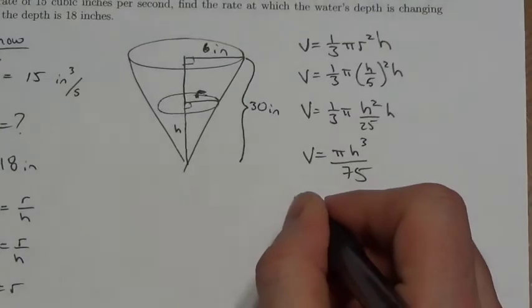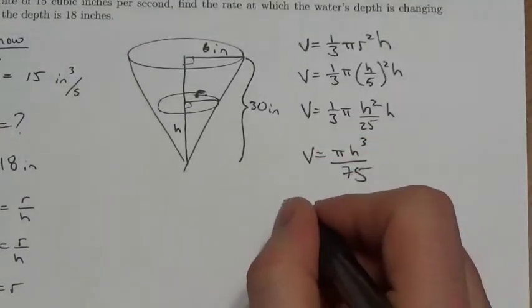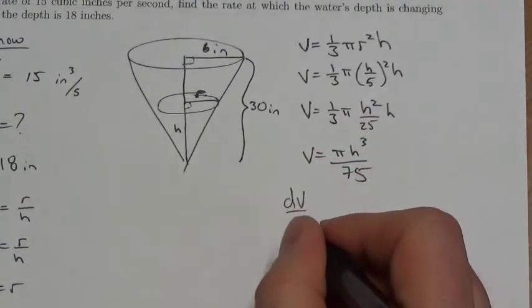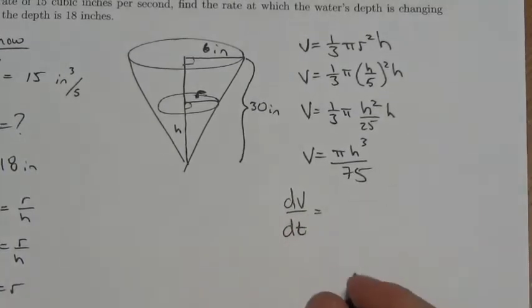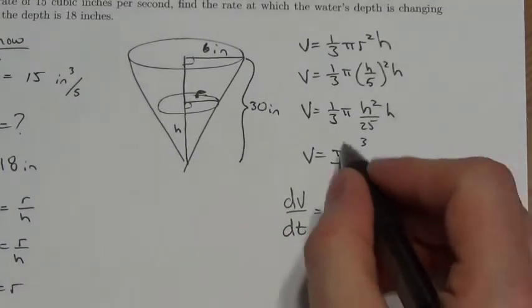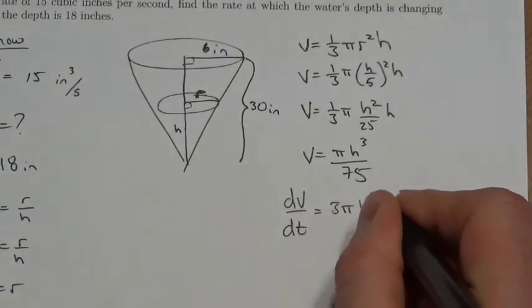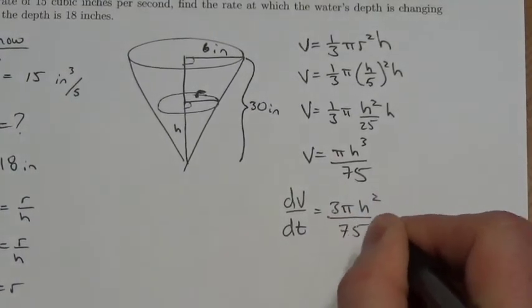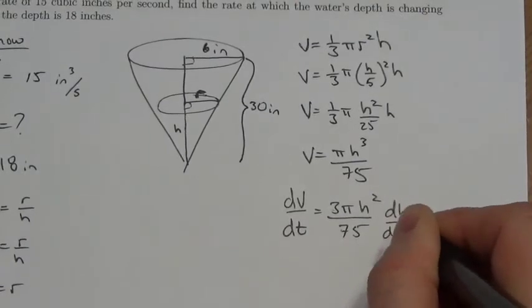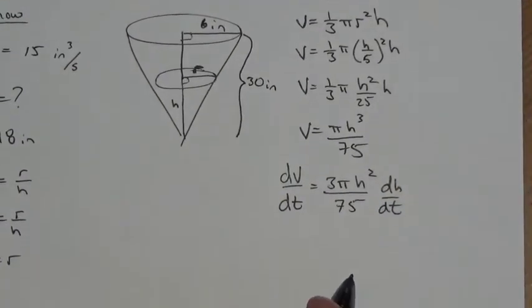So now I'm going to take the derivative, because I'm going to take this static equation and change it into one where we're talking about how these variables change. So remember, time is the independent variable, so I'm going to bring down the 3, so 3 pi h squared over 75, and then I have to multiply by the derivative of h with respect to time.